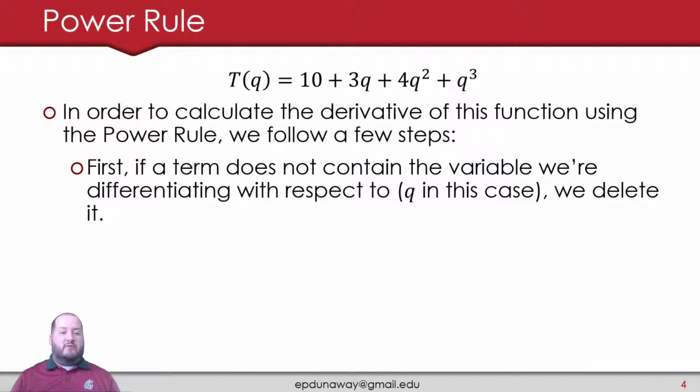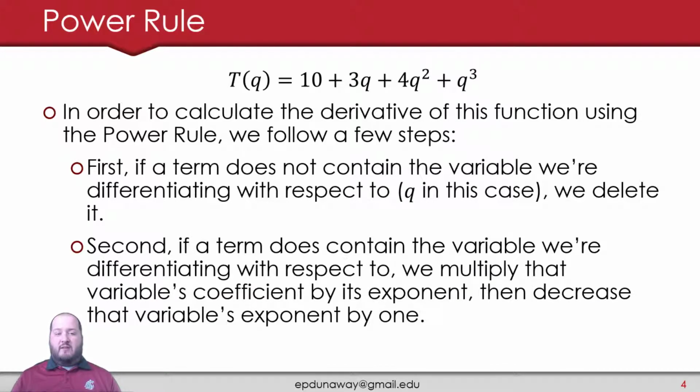One of the main rules in calculus is that the derivative of a constant is 0, so we just delete it. Second, if the term contains the variable we're differentiating with respect to, we multiply that variable's coefficient by its exponent, then decrease that variable's exponent by 1. That's going to be consistent all the time for the power rule. Multiply the coefficient by the exponent, then decrease the exponent by 1. That's all there is to it, really.